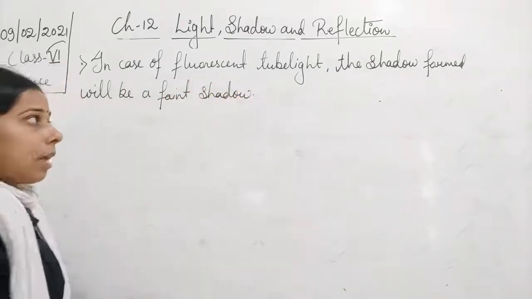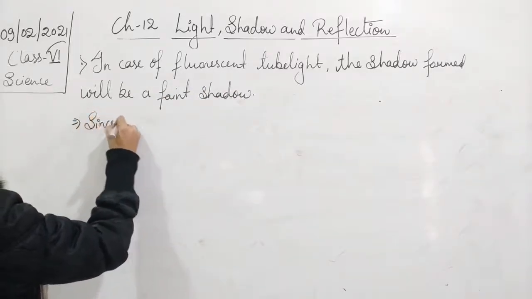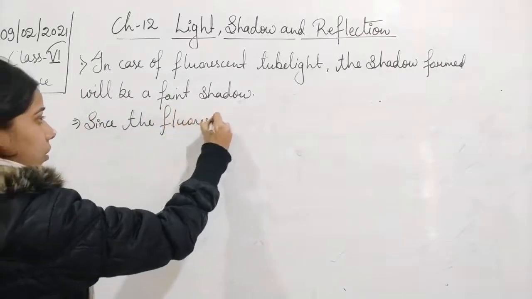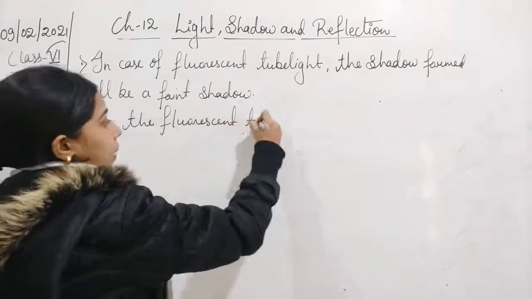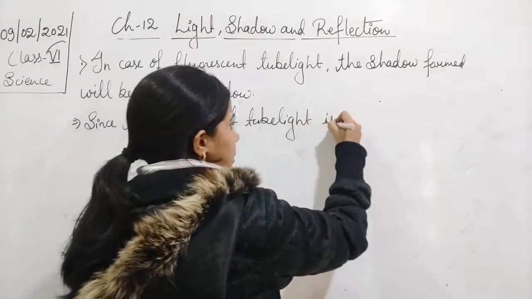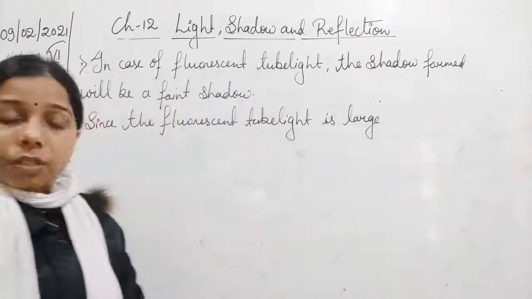Okay, so reason: since the fluorescent tube light is large. So what happens if the fluorescent tube light is large?